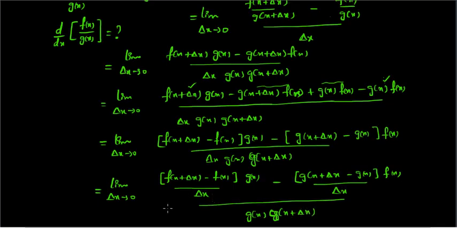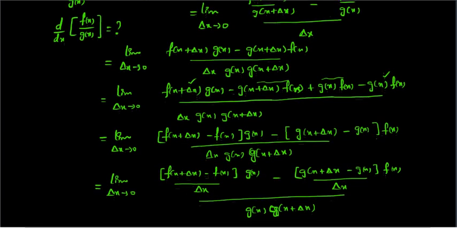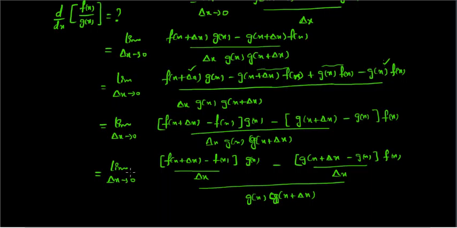Now if we apply the limit del x tends to 0, the first term becomes d by dx of f of x, which can also be written as f dash of x.